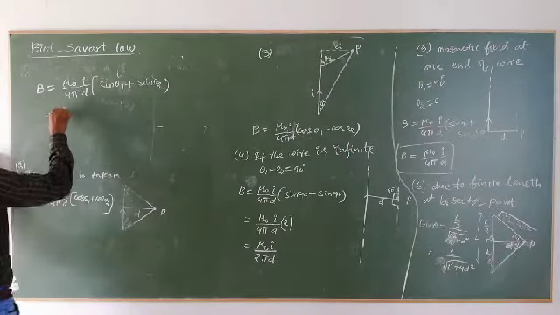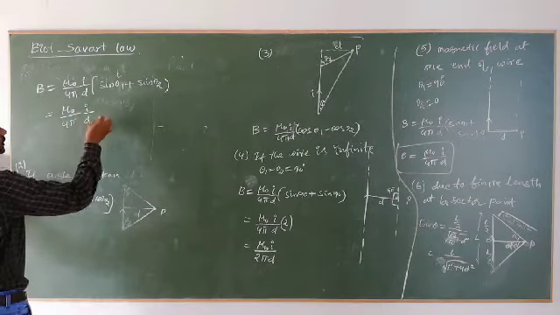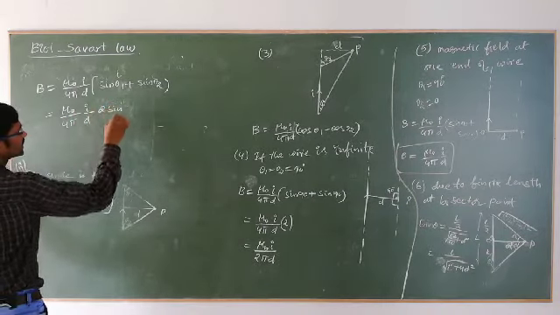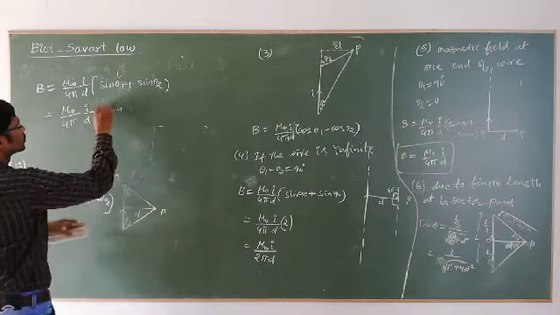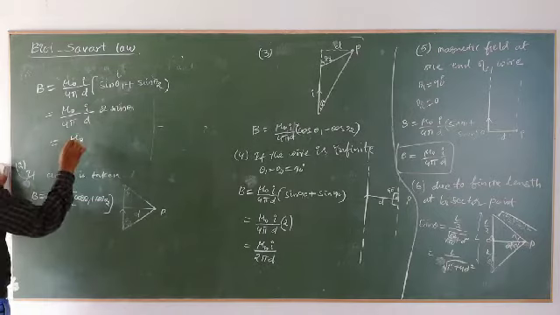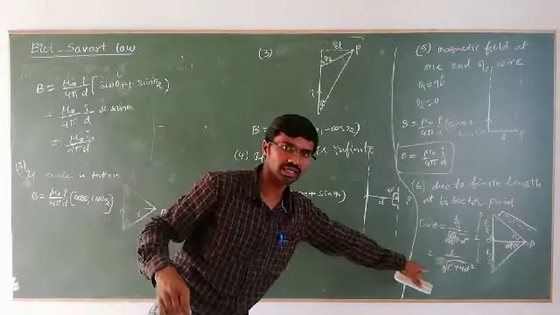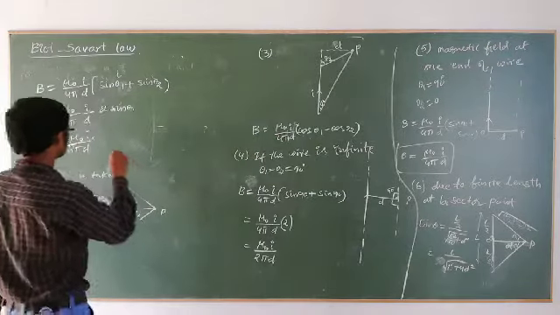Then mu naught by 4 pi, I by d into 2 sin theta, that is equal to mu naught I by 2 pi d into sin theta, where sin theta is L by root over (L square plus 4d square).